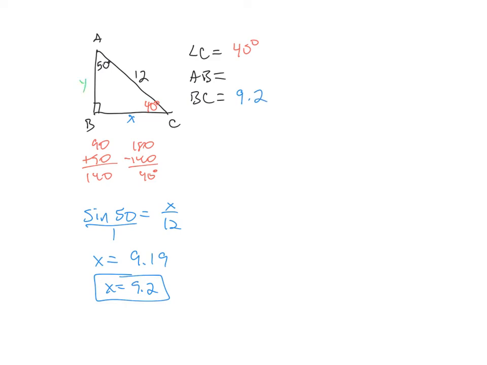And then I need to do the same thing again. So I'll just stay with the 50. But now to do the y part, that would be cosine of 50 degrees equals y over 12. So again, y times 1 is just y, and then you can do cosine 50 degrees is 0.6427, and then times 12, and we get 7.71, or just 7.7.